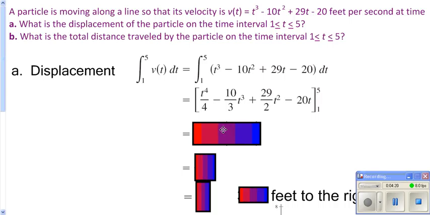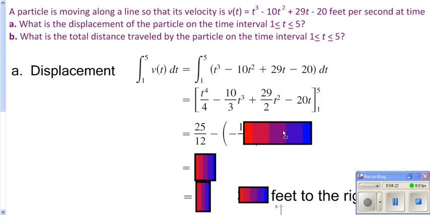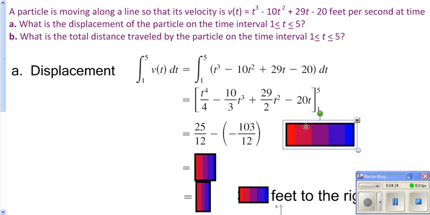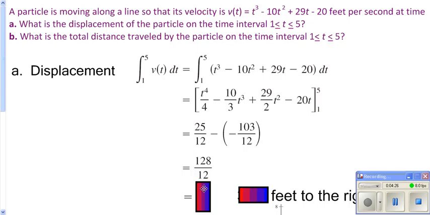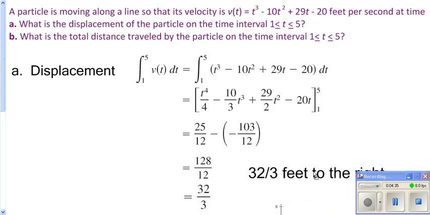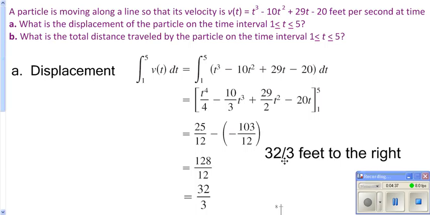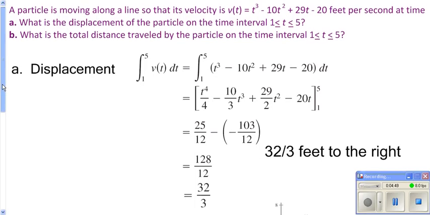So you'll plug in 5, plug in your 1. And you'll just go ahead and add those together then, because you're subtracting a negative. So your total displacement is 32/3 feet to the right. We know it's to the right because it's a positive. And your velocity moving to the right is positive.